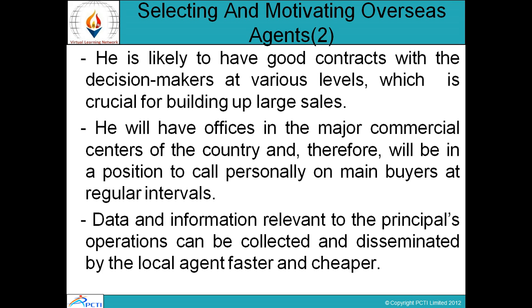Another, he will have offices in major commercial centers of the country and therefore will be in a position to call personally on many buyers at regular intervals. Data and information relevant to the principal's operation can be collected and disseminated by the local agent.